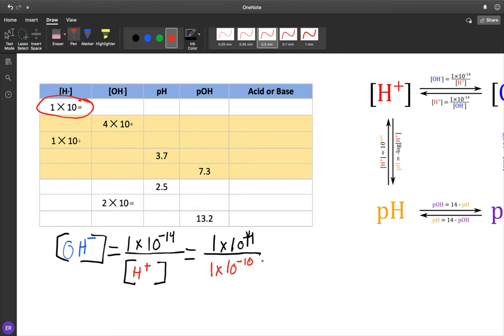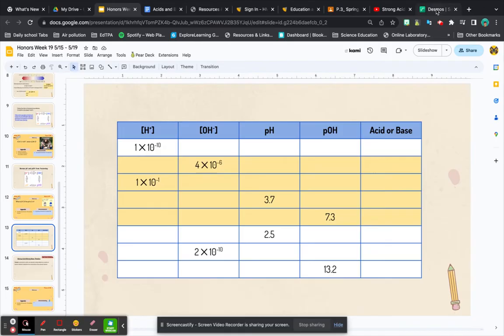Let's plug that into our calculator. So what is this going to equal?